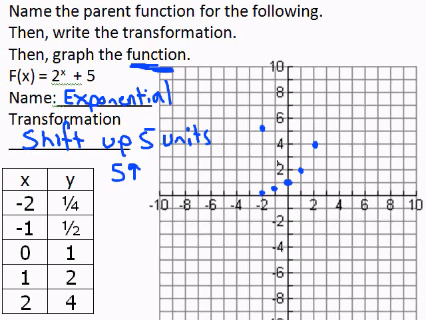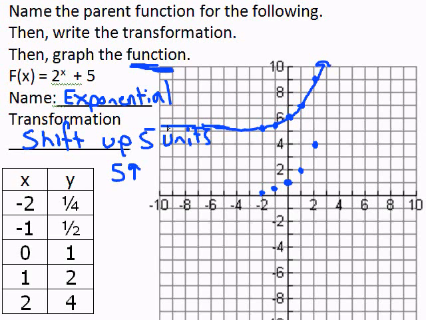Shifting them up 5, and so on. And then I'd like you to connect the dots on your transformed function.